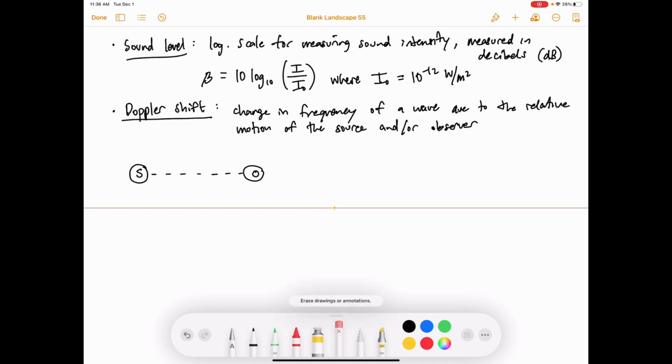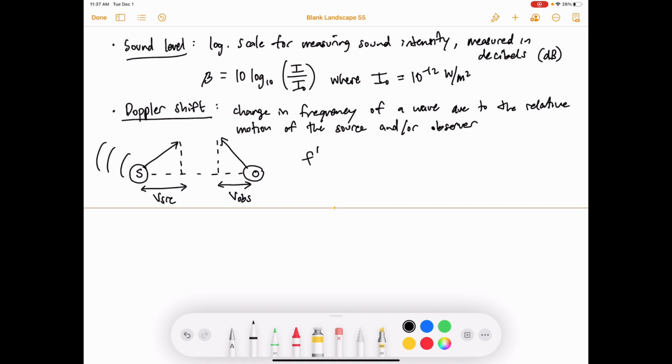Now the source, of course, is emitting a sound wave, but the source can be moving with any particular velocity. But it's only the velocity along the line of sight that we care about as far as the Doppler shift is concerned. So V source, which appears in our equations, is just the component of the source's velocity along that line of sight. And the same goes for the observer. If the observer is moving with some velocity, we only care about the component of that velocity along the line of sight. That's the observer.